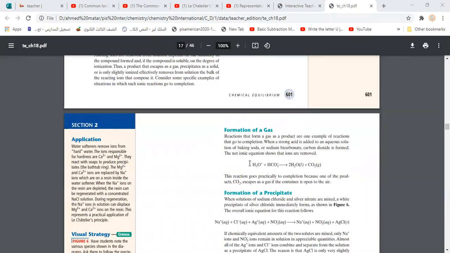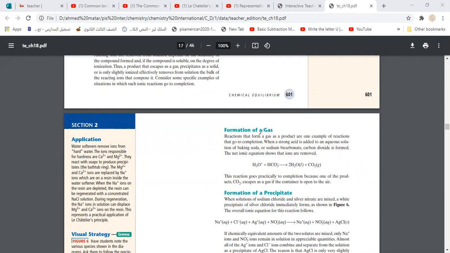For example, gas formation. Here, once there is a strong acid, and this strong acid is added to bicarbonate. Of course, this equation is not complete. This equation just shows the ions. For example, here H3O+, the hydronium ion which is produced from acid.